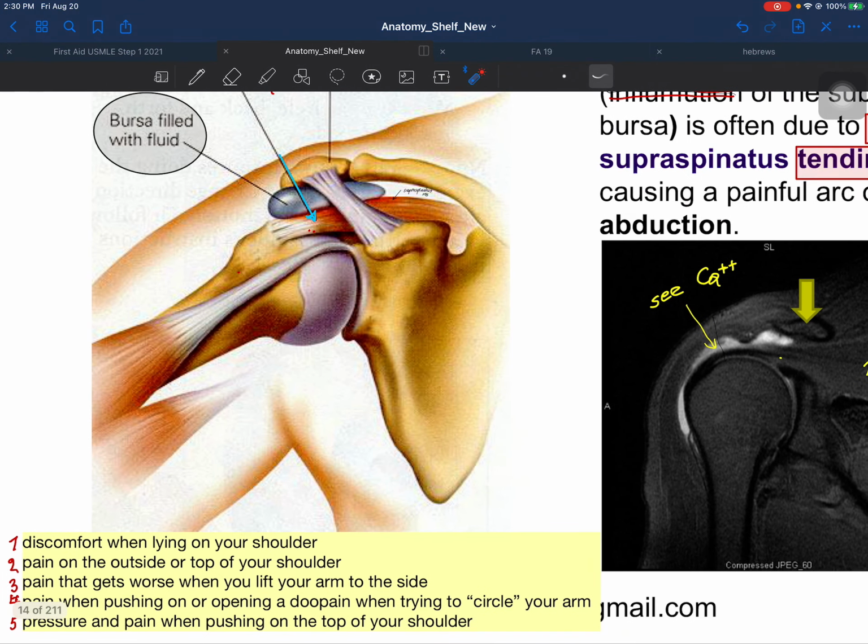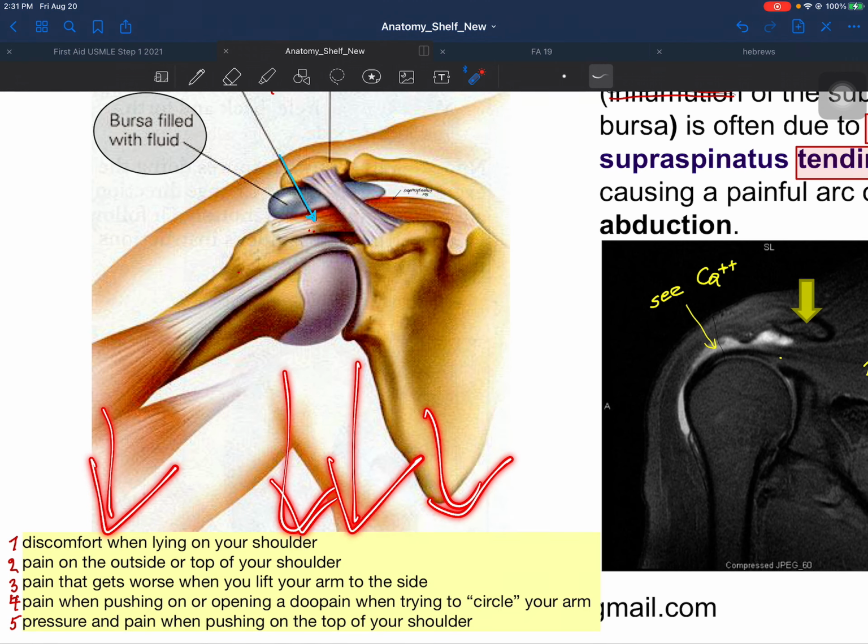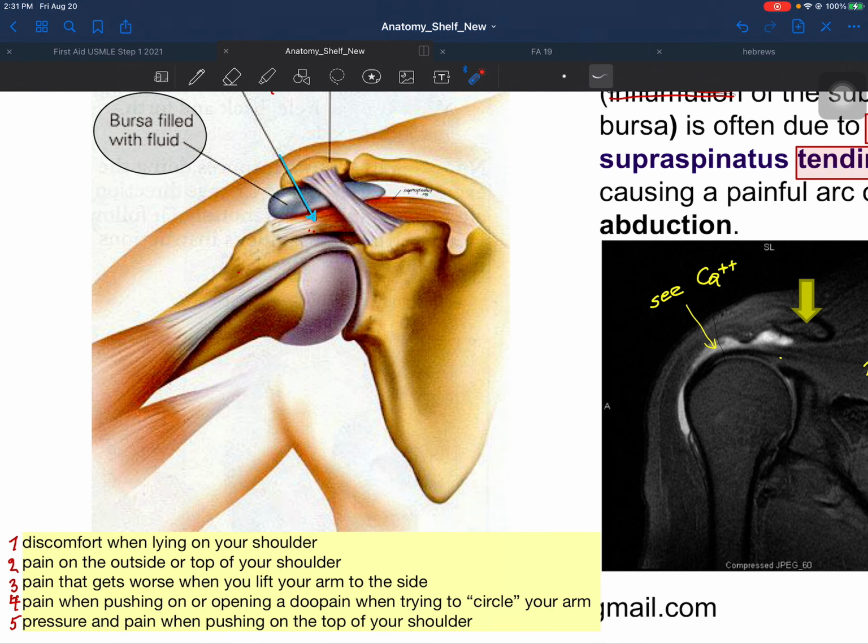Now let's see here, what does it say? I'm reading in this area here, down here. There is discomfort with lying on your shoulder, and pain on the outside of the top of your shoulder. You see, this is the outside.